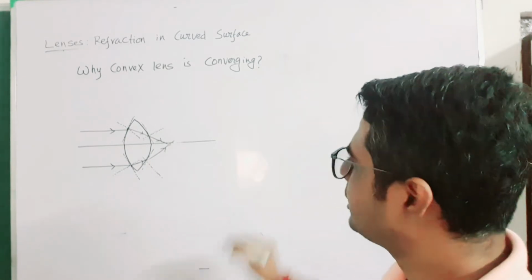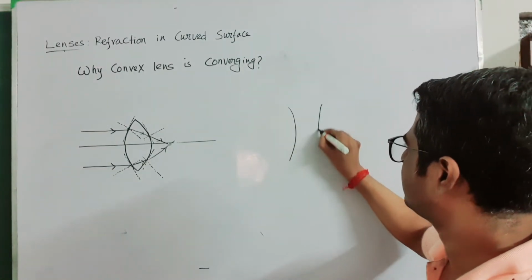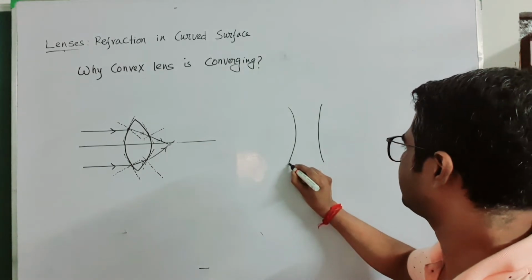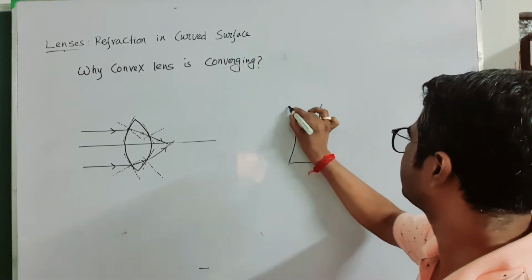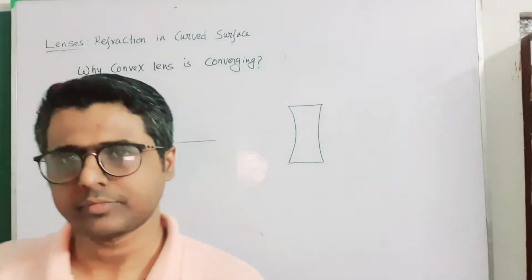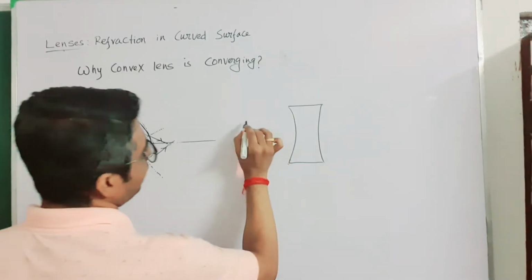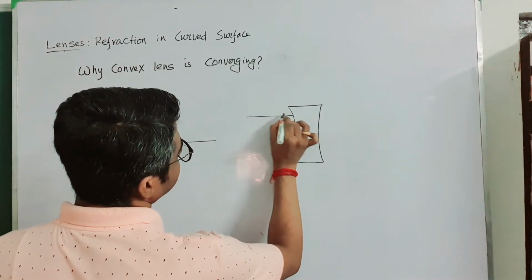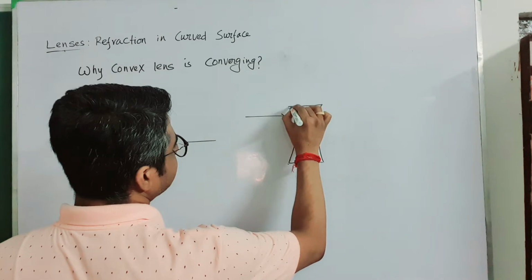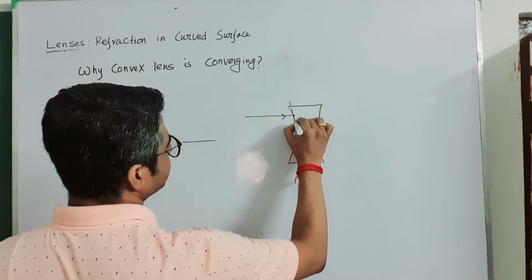Clear? Next you have to do concave lens. So please do this yourself. So when we go for a concave lens, this is the incident ray, this is the normal part, the tangent.